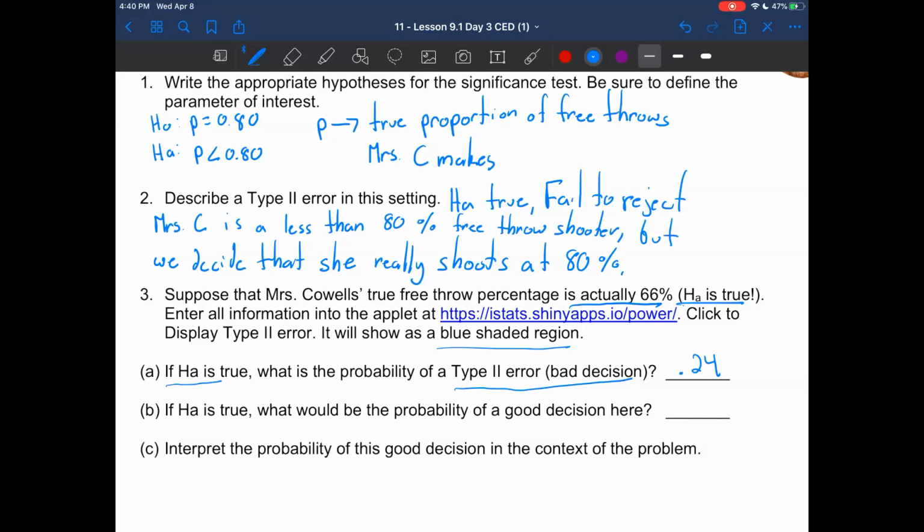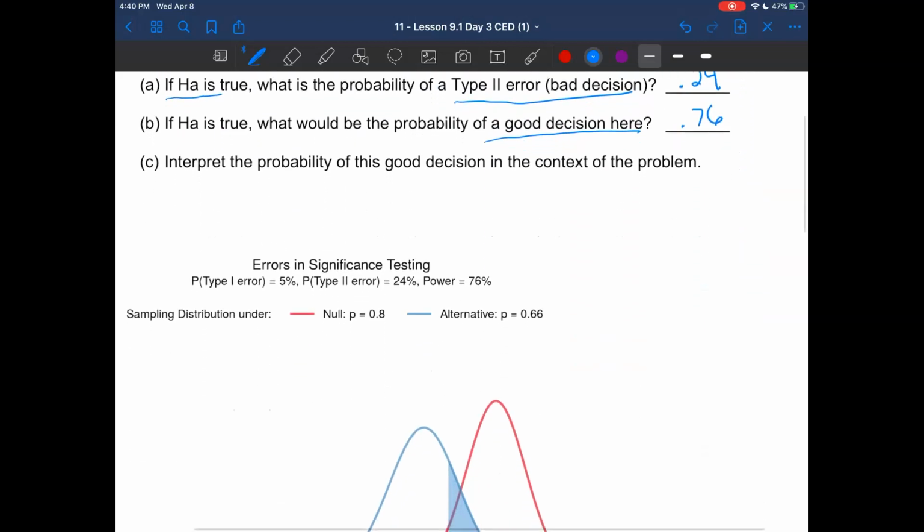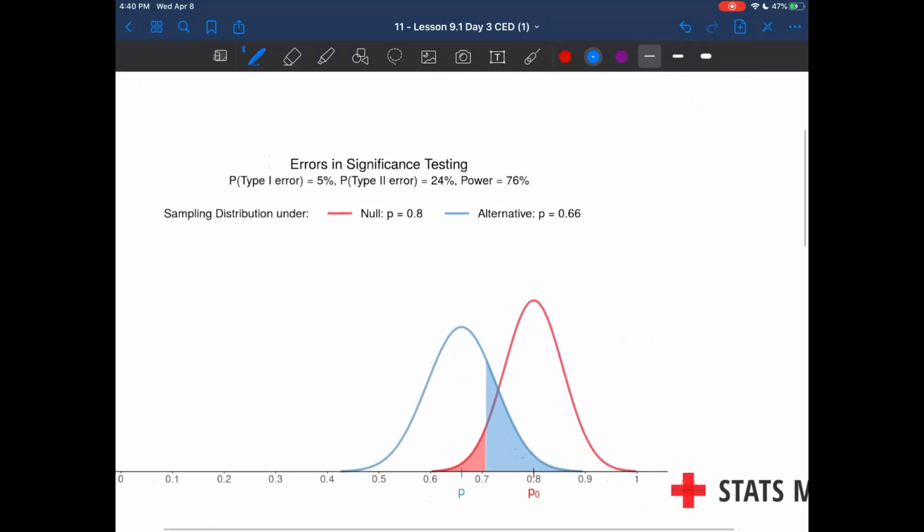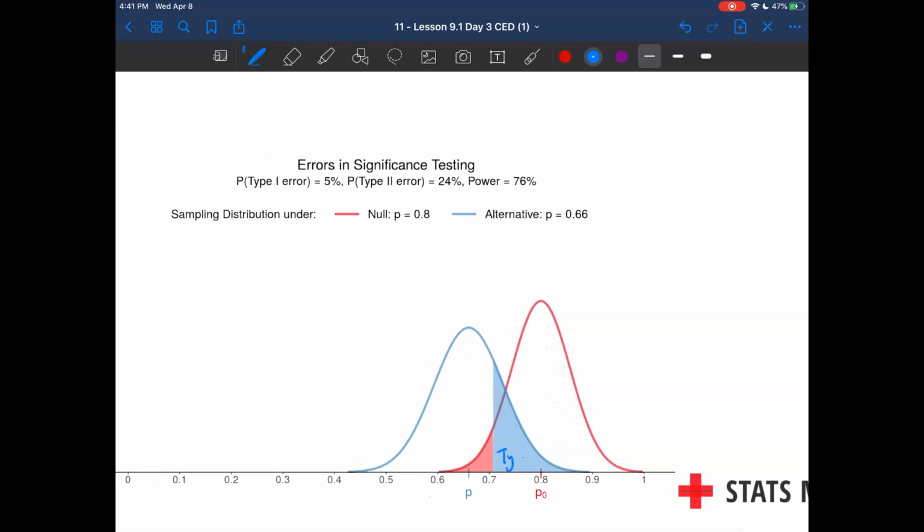Now, if HA is true, what would be the probability of a good decision? Well, it would be its complement. So if we subtract 0.24 from 1, we're going to have 0.76. Now, I put the picture down here below. Okay, so we see that here was our type 2, and they told us that it occurred 24% of the time.